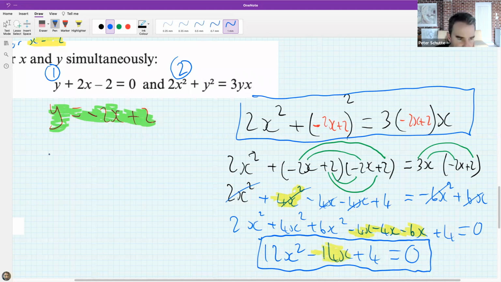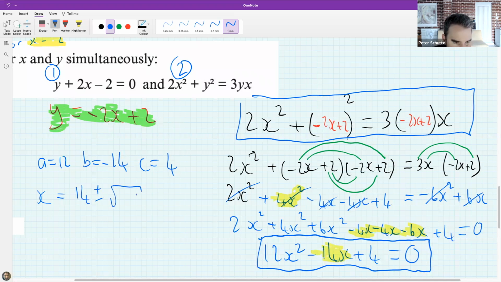So let's see if we can get our answer. And this is where the formula is quite nice, because you go a is 12, b is minus 14, c is 4, and you go minus b, so it's 14, plus or minus delta, over 2 times 12. What is delta?